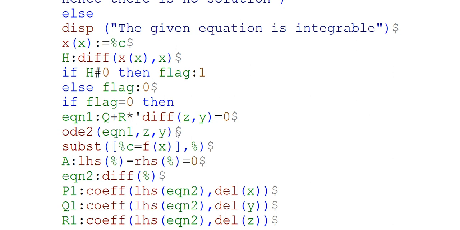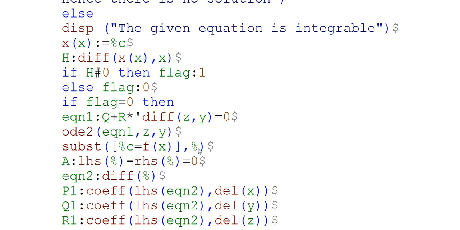So when we solve the differential equation, I will get the constant of integration. For any first order equation, the constant will be given in terms of a percentage c. So I am replacing that constant with a function of x because we have assumed f of x is equal to percentage c. So subst, substitute, is an inbuilt command again in Maxima, as percentage c is equal to f of x in the previous expression.